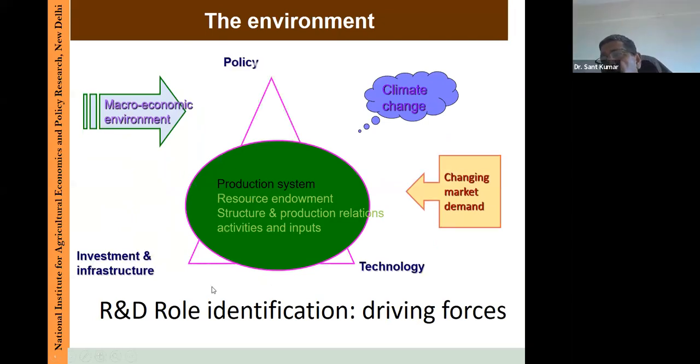This needs to be understood at two levels. One level is the forcing environment, the triangle of policy, institution, and technology. The climate is changing, markets are changing, the macroeconomic environment is changing. In all these prescriptive changes, agriculture R&D's role will be totally different for driving the growth.